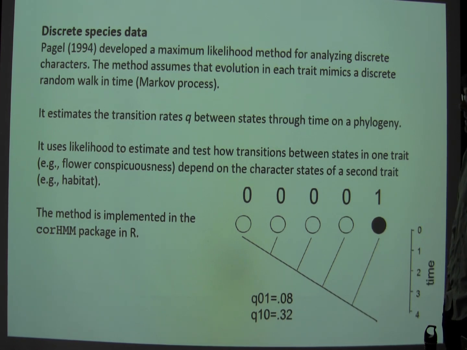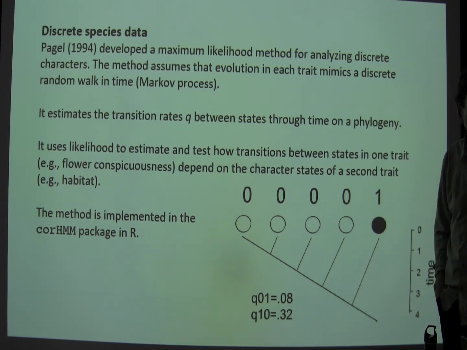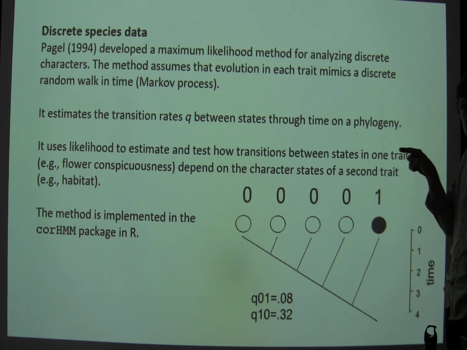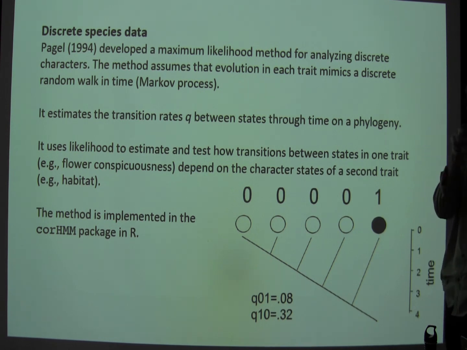And you can think of it as somewhat analogous to the continuous case. It assumes that evolution in each trait again mimics a random walk in time. But this time it's a discrete random walk in time. So species through time occupy one of, in this case, just two states, and there's a probability at any point in time that they'll transition from one state to the other.